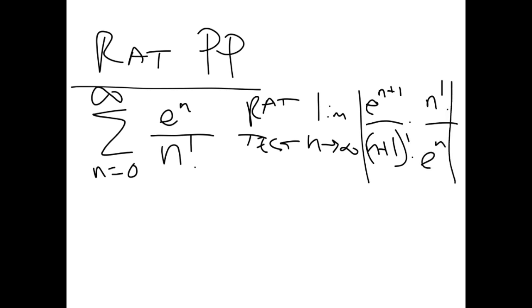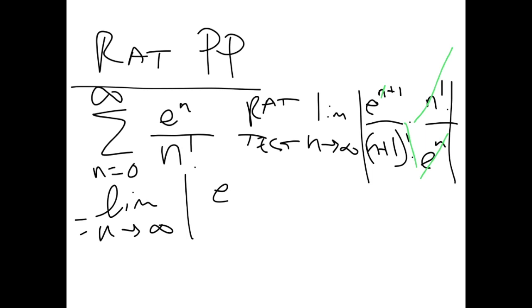Now let's get some canceling going. I have e to the n here and e to the n here, so I can cross that out. And then I have n plus 1 factorial and n factorial, so I can cancel out all the factorials there. Let's rewrite that. So I have the limit as n goes to infinity of e over n plus 1.